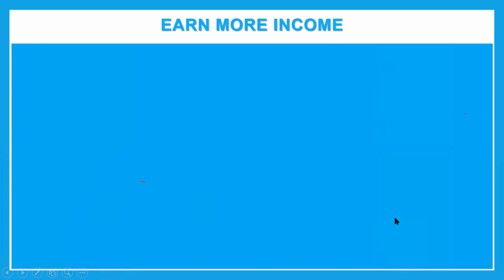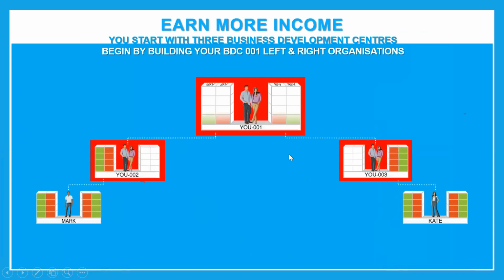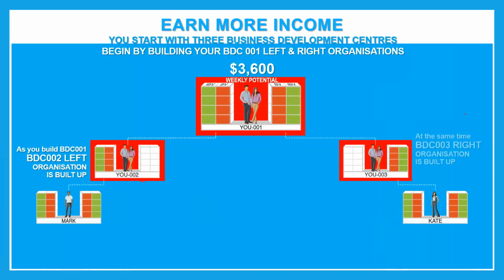So if you think that $3,600 per week is not enough, you can actually earn even more. The sky is the limit, as we mentioned. You can begin to build more than one. If you build 002 and 003, the 002 left has already been built up for you.